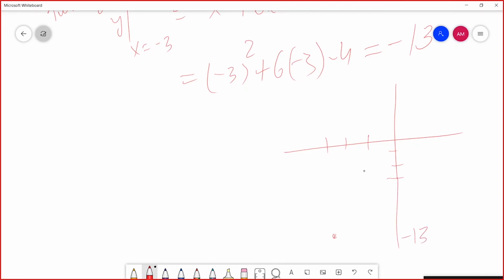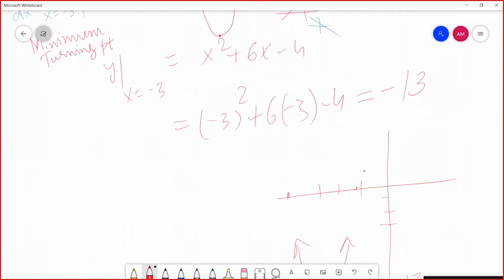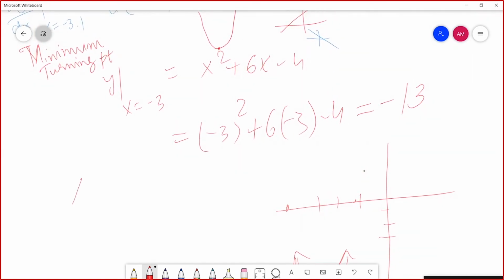So we see that it is going like this. And then you can even find where it cuts the x-axis. How do you find that? When y equals 0. So we have x squared plus 6x minus 4 equal to 0, which is now a quadratic equation.